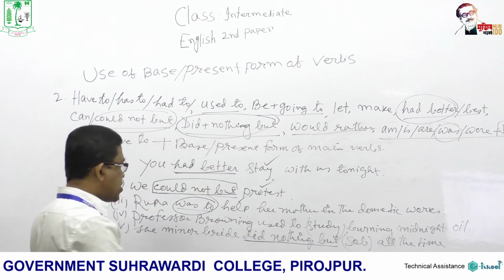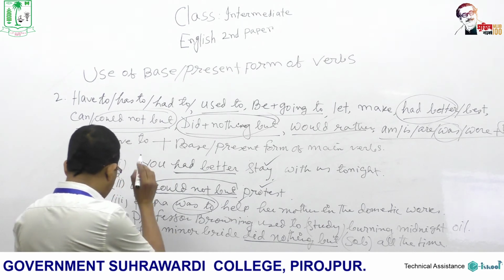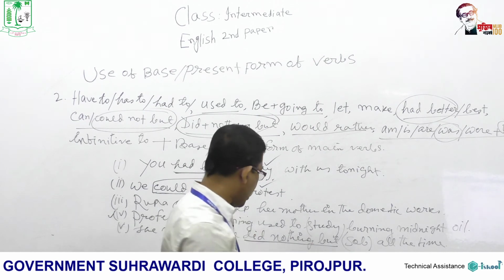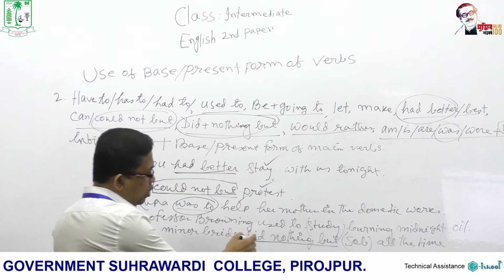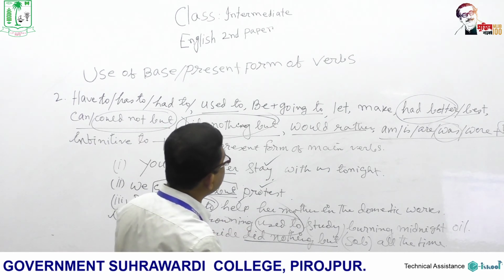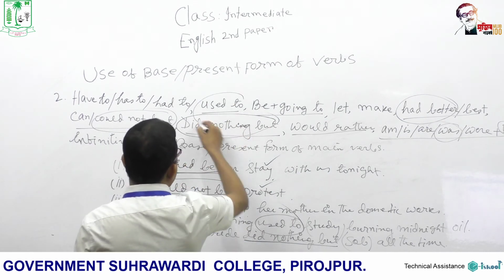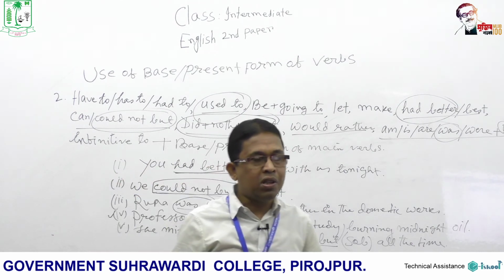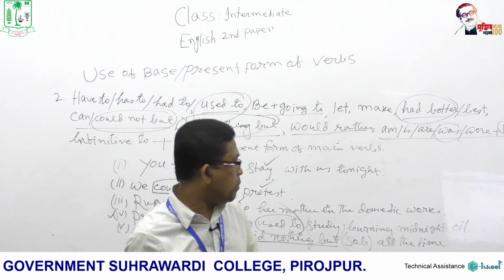And then Professor Browning used to, example number 4. Professor Browning used to study burning midnight oil. I have collected this used to from this used to. After used to we have to use the base form or the present form of main verbs.